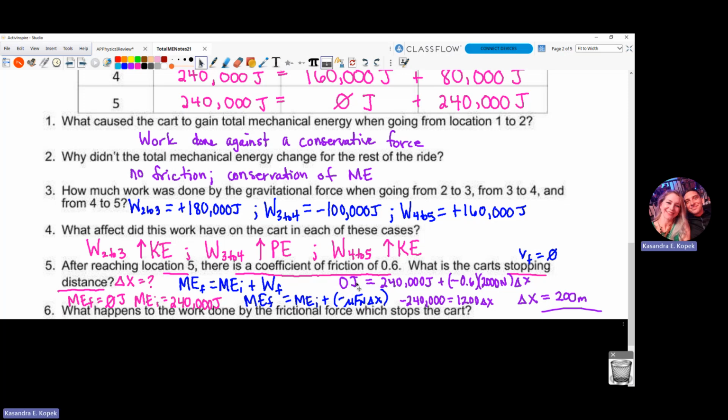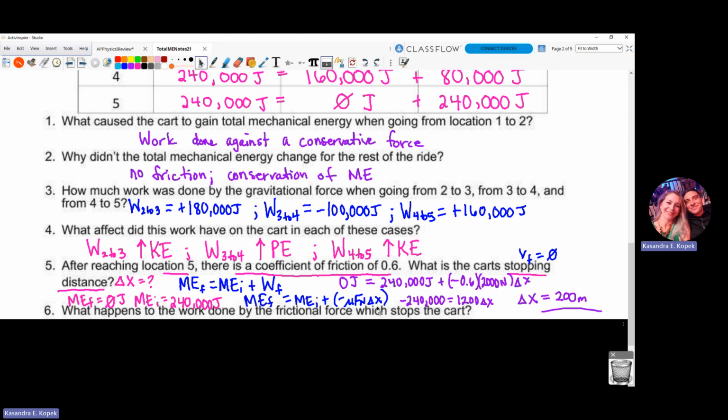I know the end has to be 0 joules. I started with 240,000 joules. Friction is doing the work, and friction is mu Fn. Remember, the work done is opposite the direction of motion, so it's negative. And we're looking for delta X.